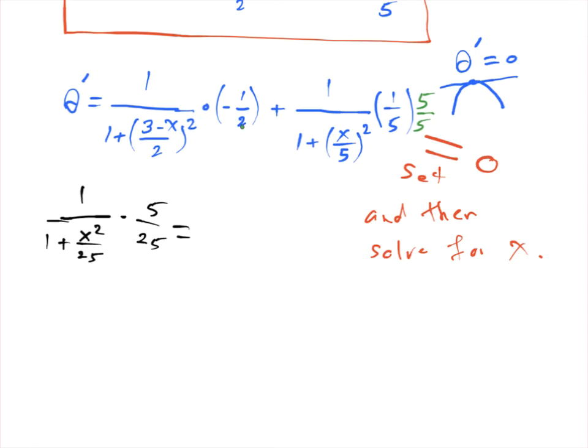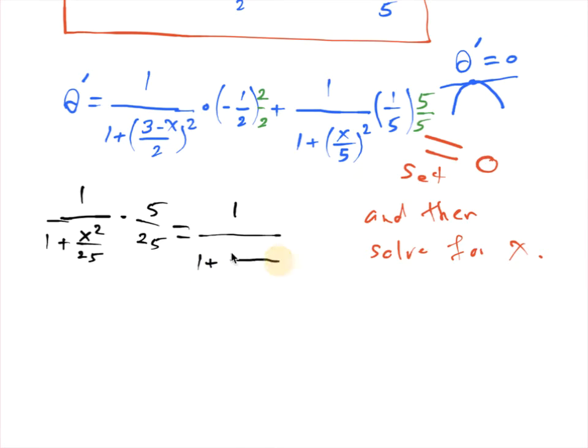Similarly, I multiply this by 2 over 2. And then on the right side, what I get is 1 over 1 plus this ratio squared.